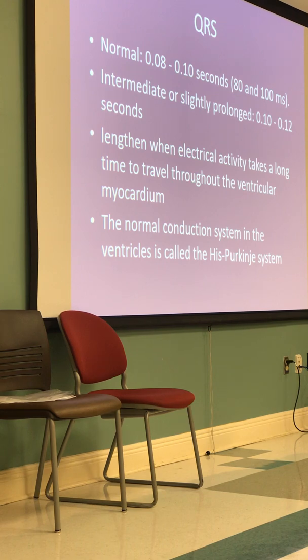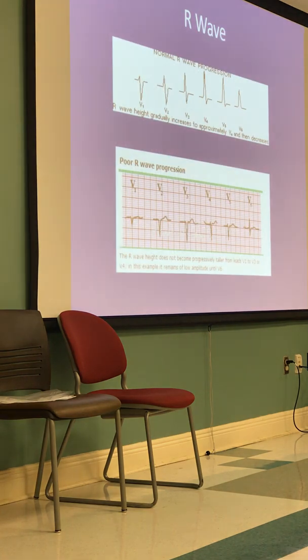Shortening of the QRS, so narrow QRS, usually indicates decreased conduction time. Long QRS usually means there's a block.